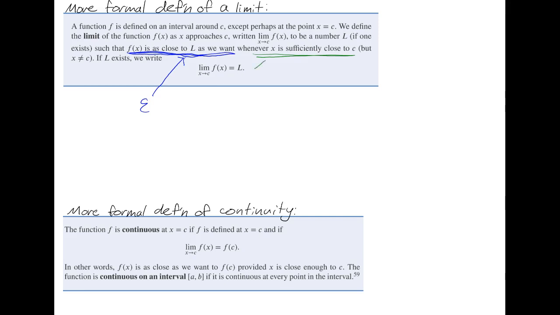That's what we're going to call within delta units. If we make delta small enough, how close x is to c, that's going to guarantee that f of x is within epsilon units of L.